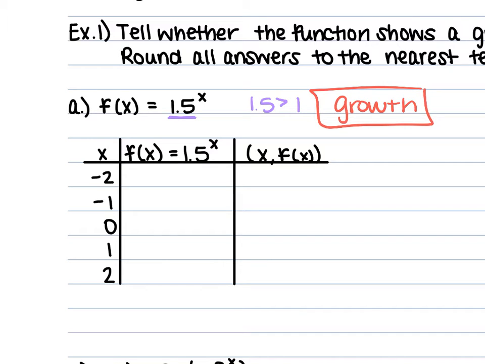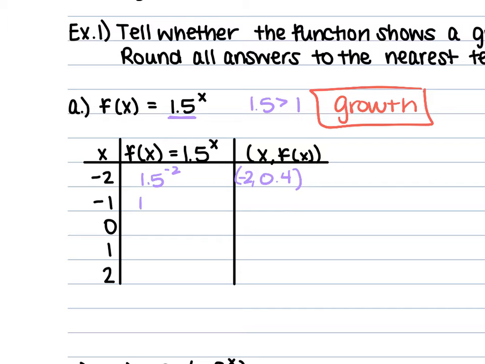For our x values, we have negative 2, negative 1, 0, 1, and 2, and we're plugging that into the function f of x is equal to 1.5 to the power of x. If we do 1.5 to the power of negative 2, we're going to get 0.4 repeating. So this is negative 2, comma 0.4.